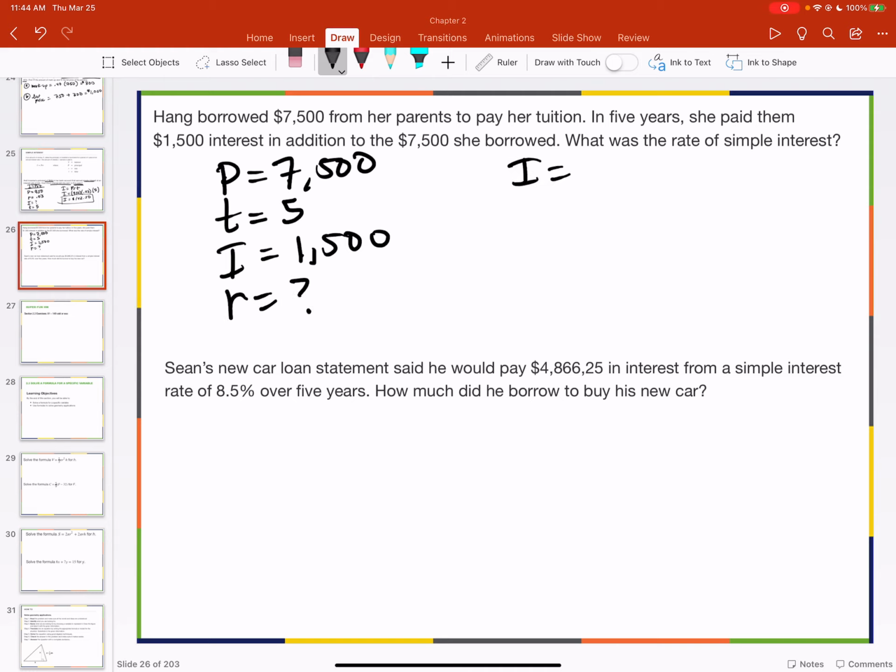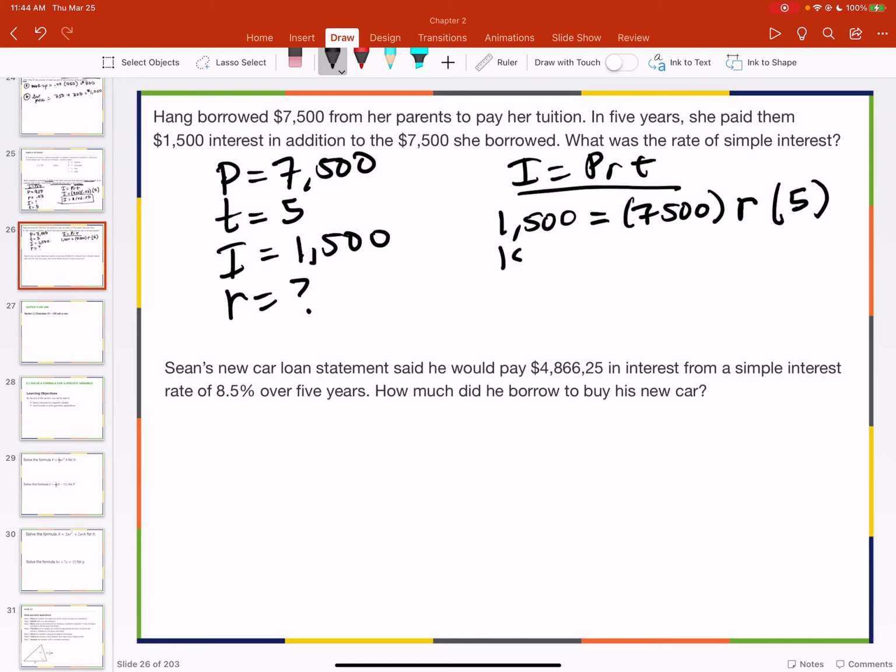So we still use the formula I equals PRT, except I is given to us, P, the principal, is given to us. The rate we don't know, so we leave that as R, and then we have time is 5. So we have 1,500 is equal to, and what's 7,500 times 5? That's 37,500, and that's going to be times R, don't forget.